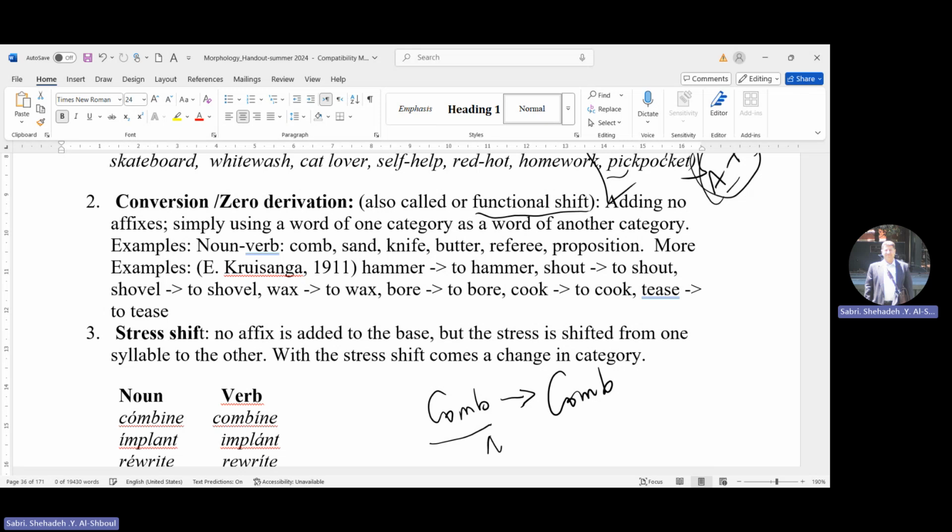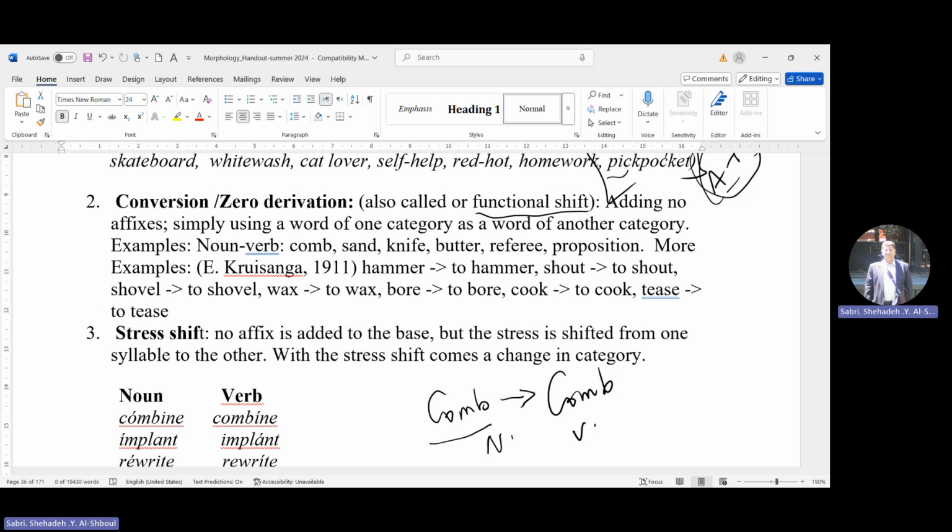So here it is a noun, and here it is a verb. Actually, we changed the part of speech, but there is no morpheme or marker that tells us whether it is a verb or a noun.